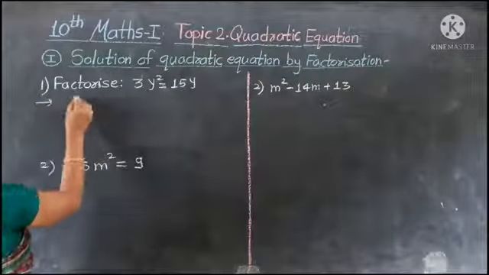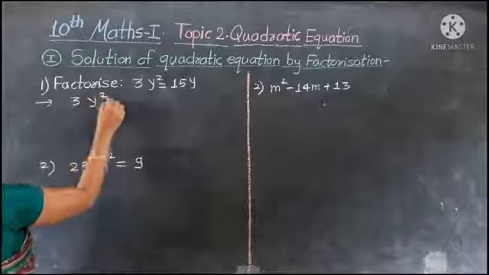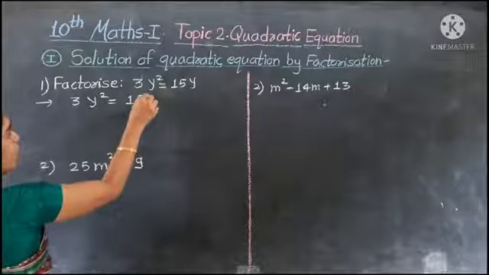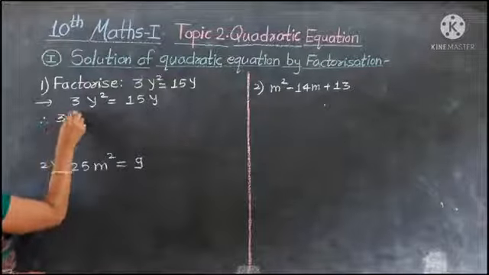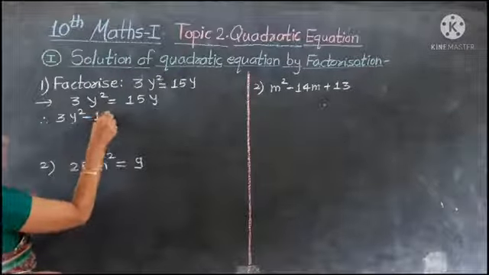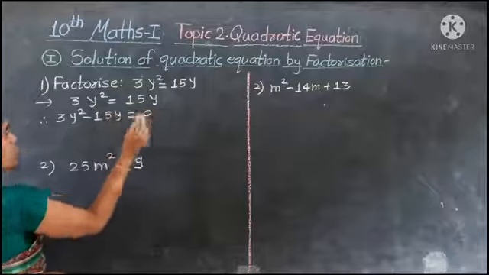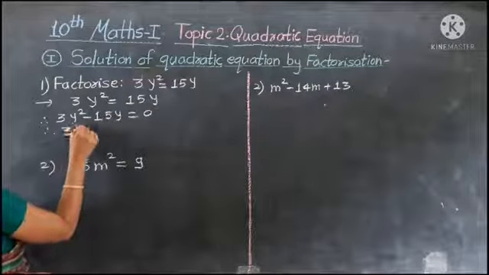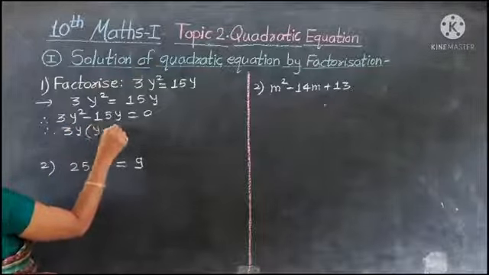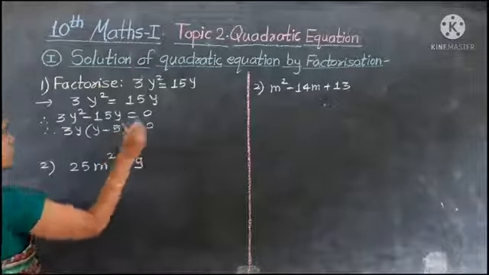Solve 3y square is equal to 15y. So here, 3y square minus 15y is equal to 0. What is common here? 3 is common and y is common. So what remains? y minus 5 is equal to 0.